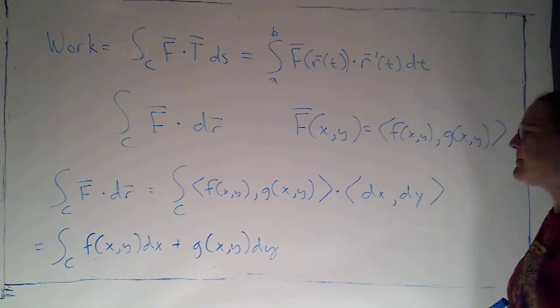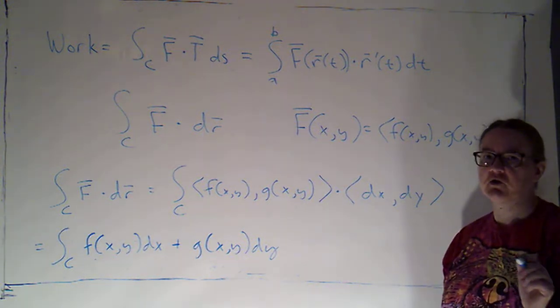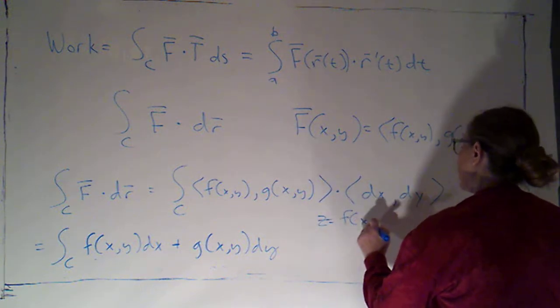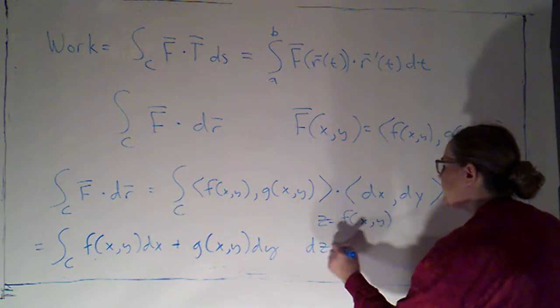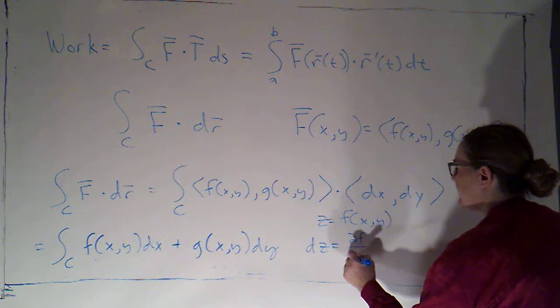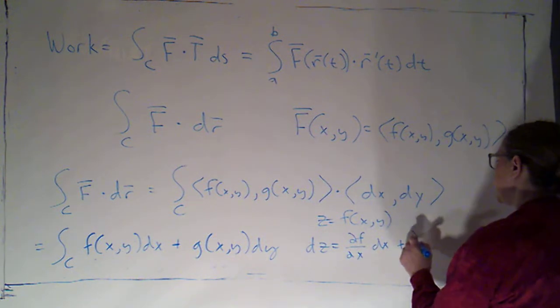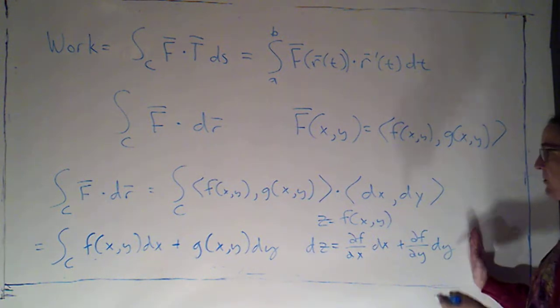I'm going to just remind you, though, when we worked with differentials, if I had z equals f of x, y, we defined the total differential dz to be the partial of f with respect to x times dx plus the partial of f with respect to y times dy.